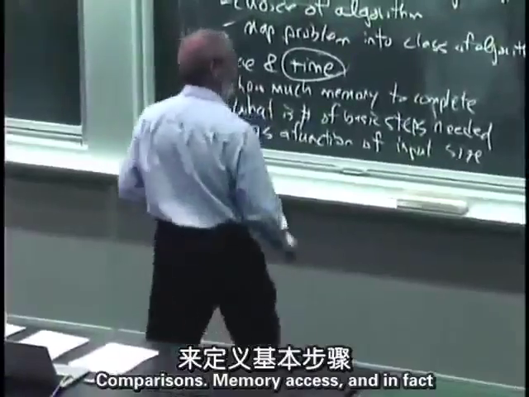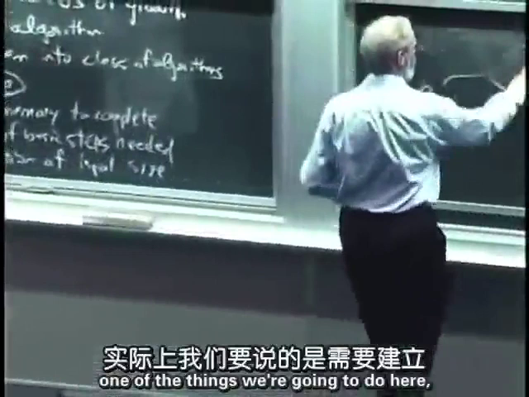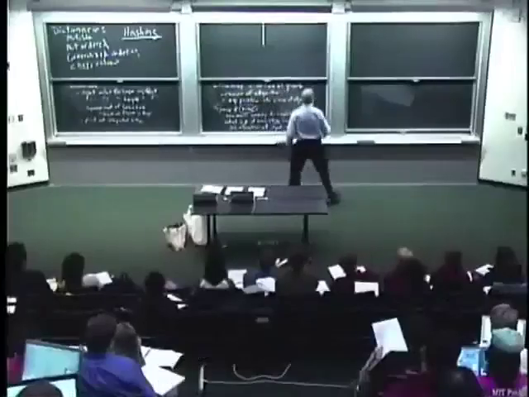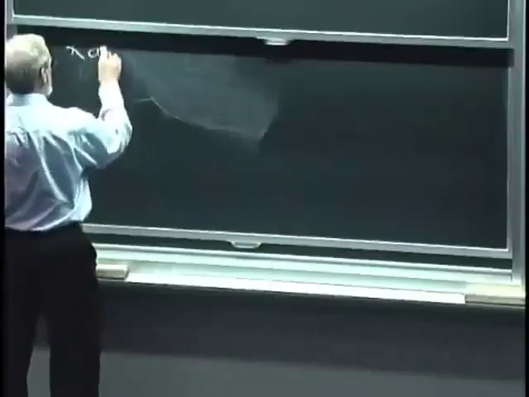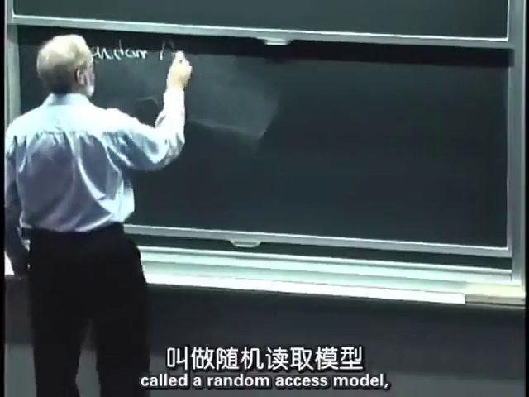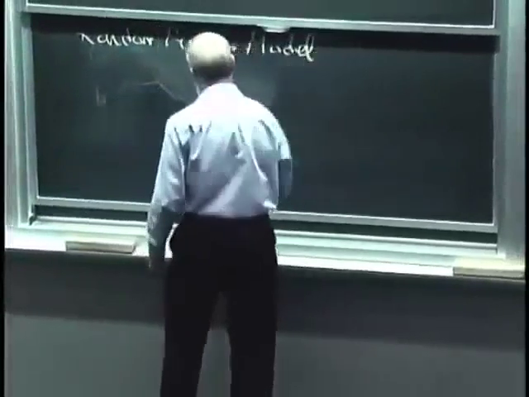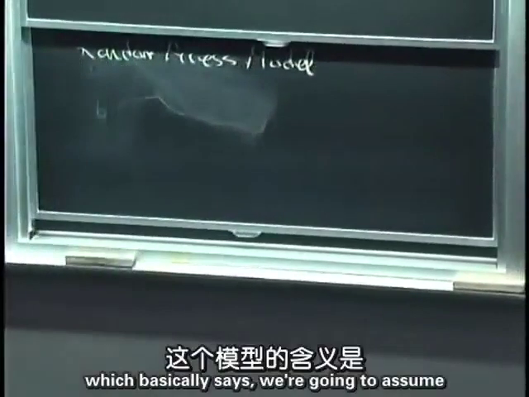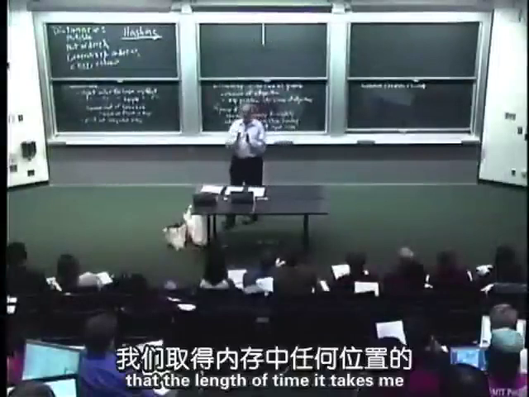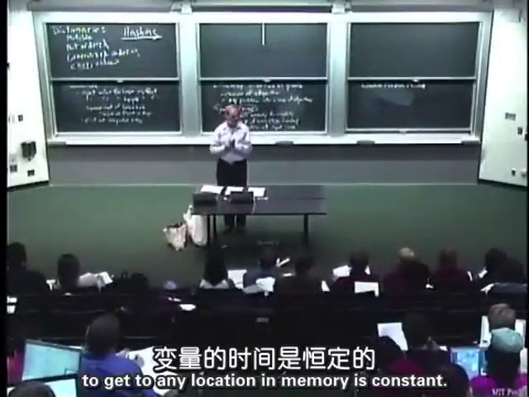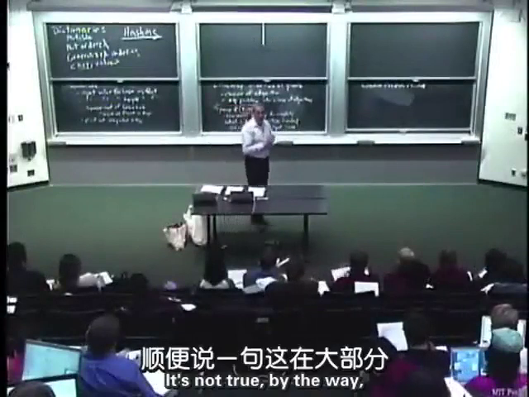And in fact, one of the things we're going to do here is assume a particular model called a random access model, which basically says we're going to assume that the length of time it takes me to get to any location in memory is constant. It's not true, by the way, of all programming languages.